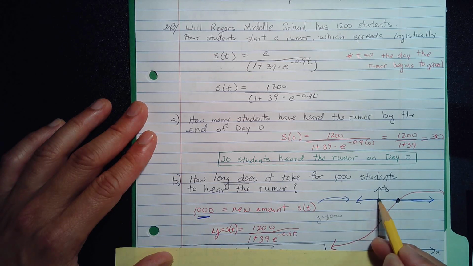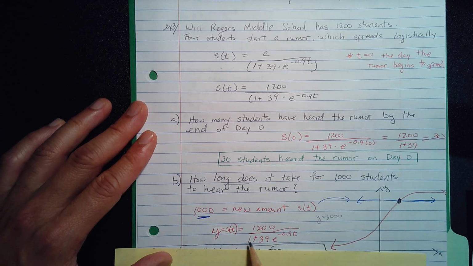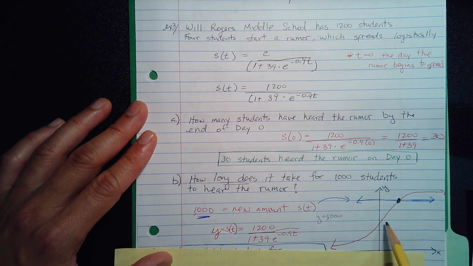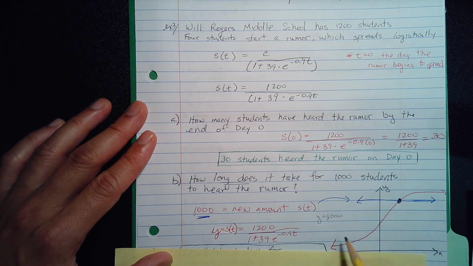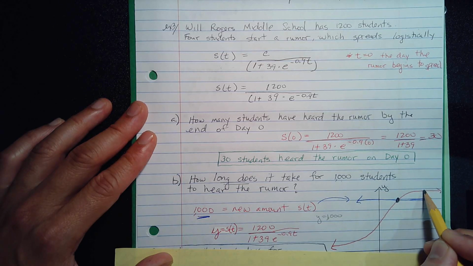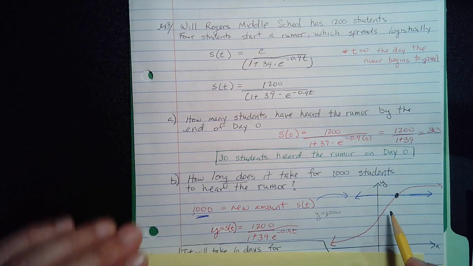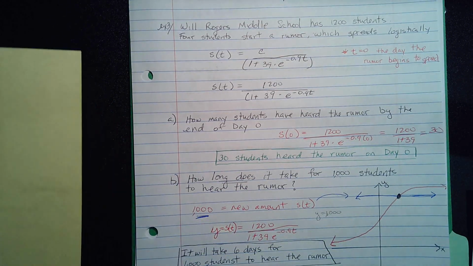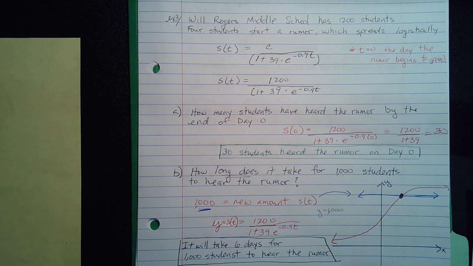So that's a horizontal line. And when you graph this into the graphing calculator, you will get this. You get a horizontal line and your logistic. So what you're going to do is you're going to find out where they intersect.